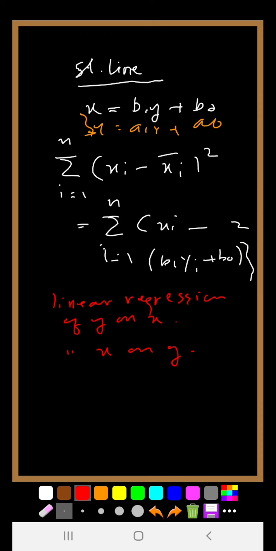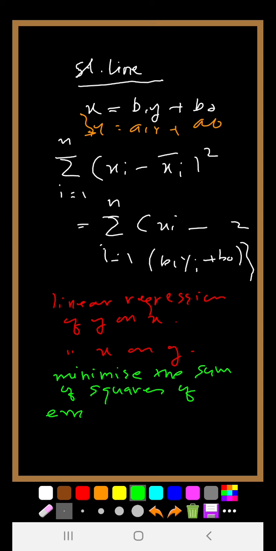So the sum of the squares of the error, that means we minimize the sum of squares of error between measured values and that given.